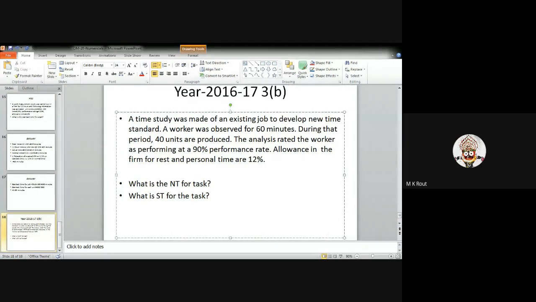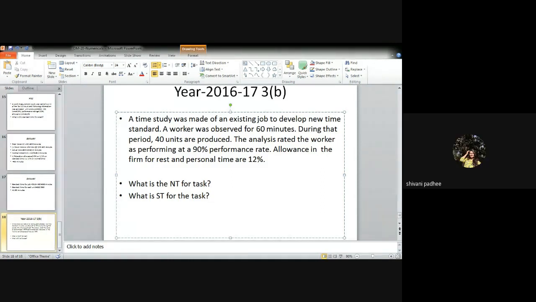Next, write down the acceptable units produced, that is 40 units. The next, write down the performance rating, PR, given as 90%. The next, write down the allowances given as 12%.